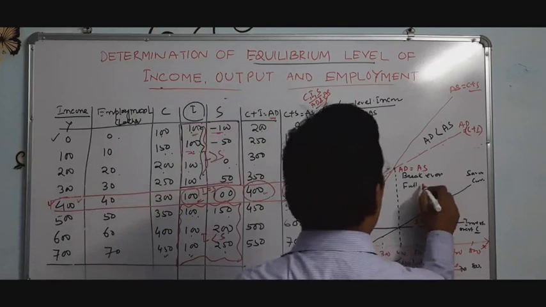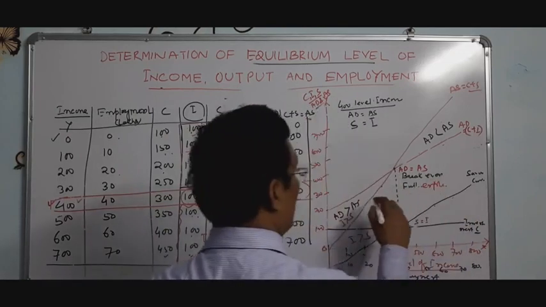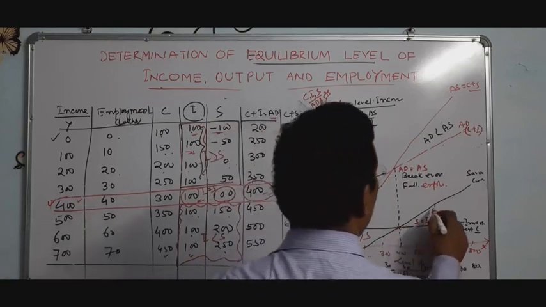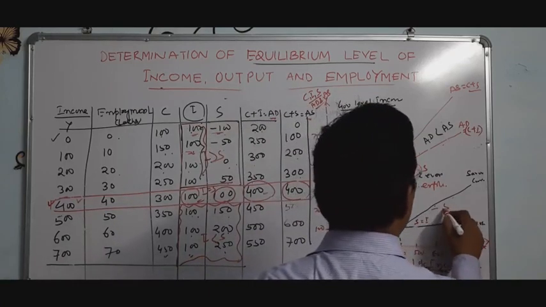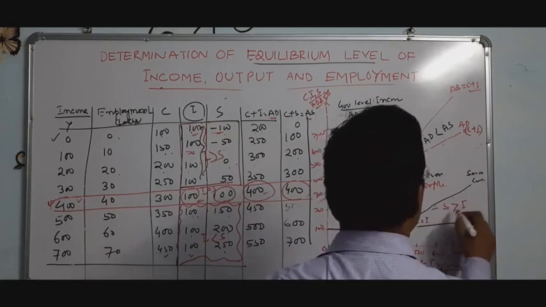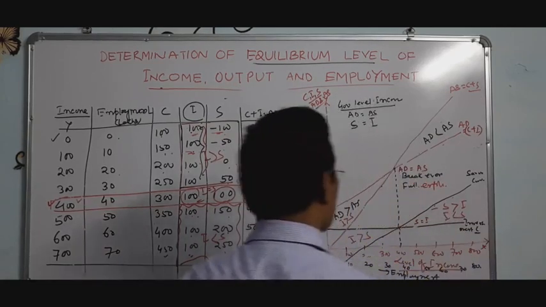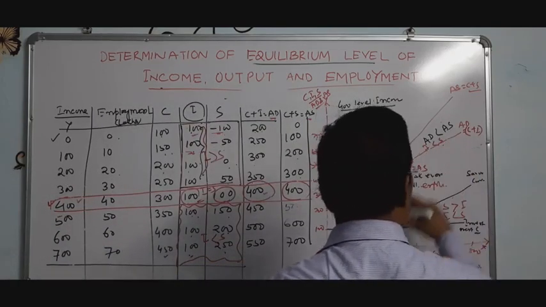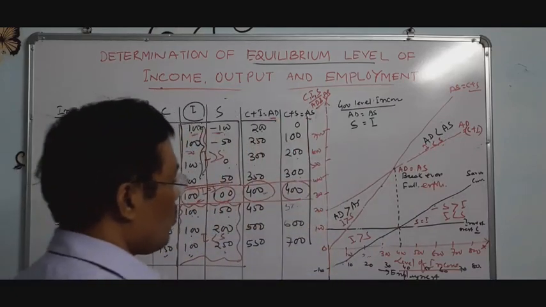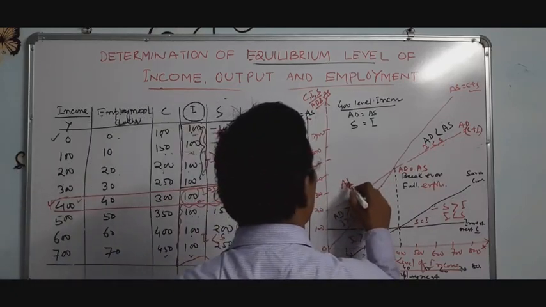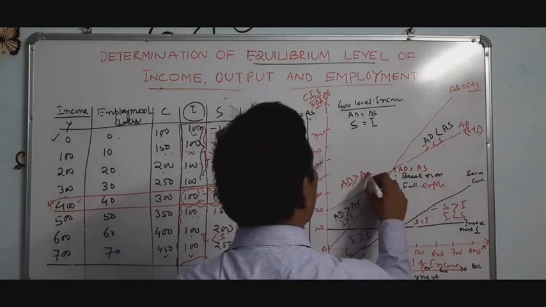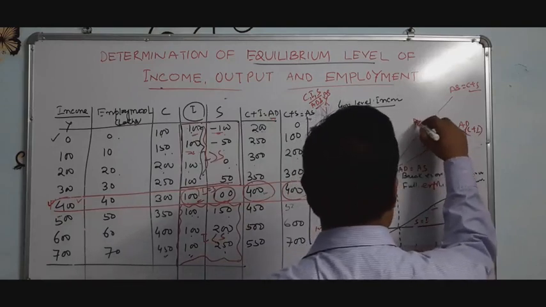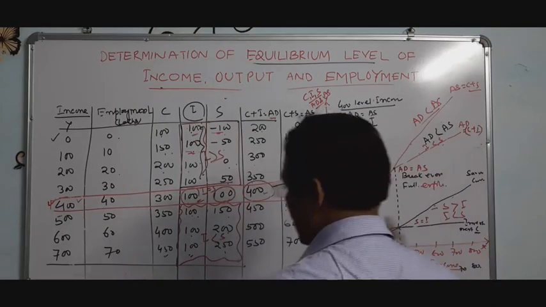After the full employment situation, that after the 400 level of income, these situations which is saving is greater than investments or I is less than S. So here is that I is less than S. So it means two situations we compare here. One is AD is greater than AS up to that full employment situation, or after the full employment situation AD is less than AS.